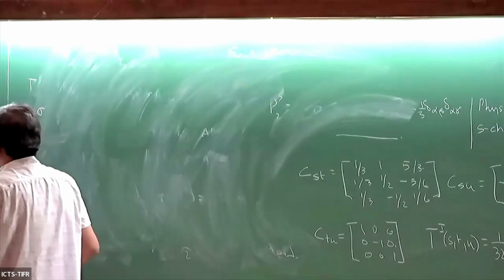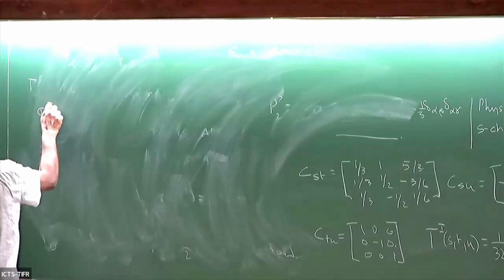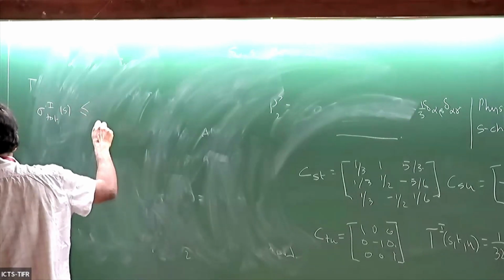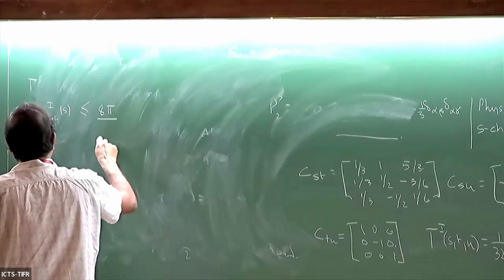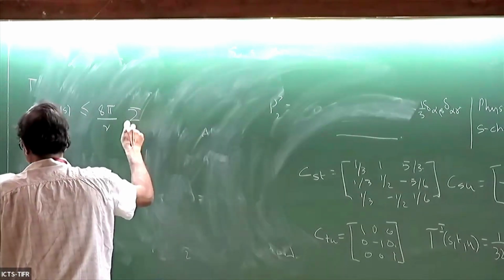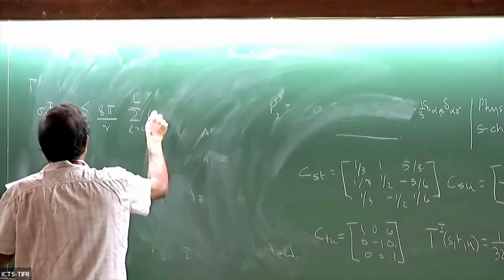Therefore, the total cross section is bounded by the partial sum. It has to be less than or equal to this partial sum, sum over l equals 0 to L, of 2l plus 1.